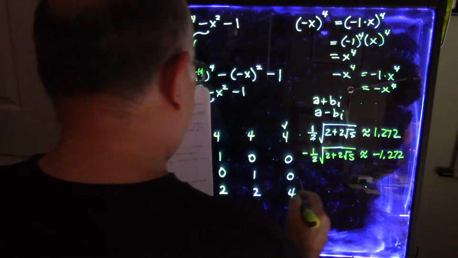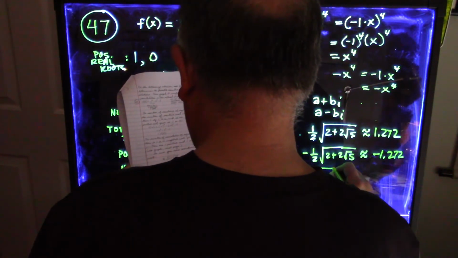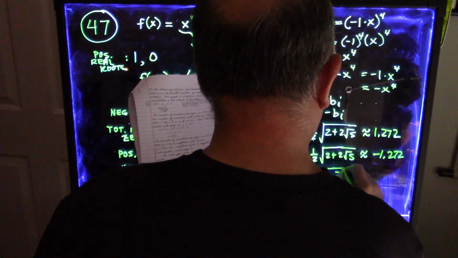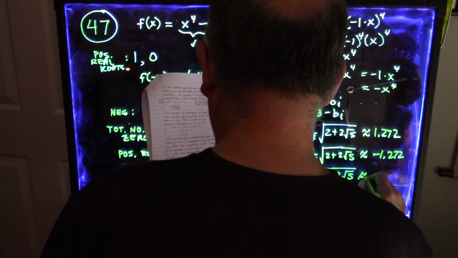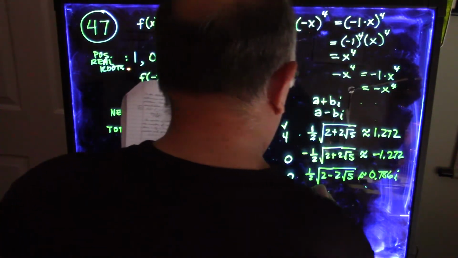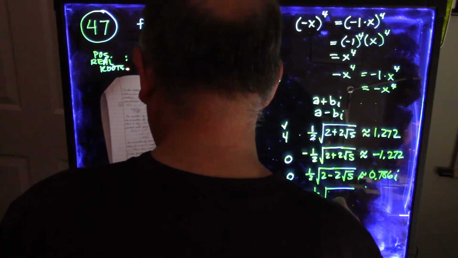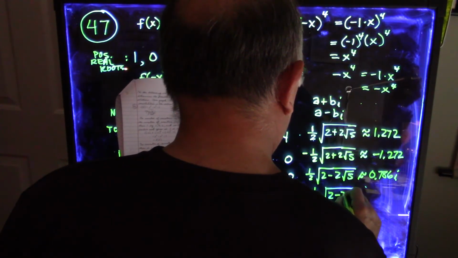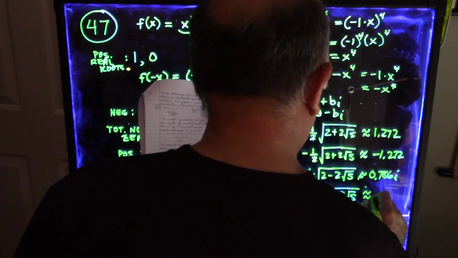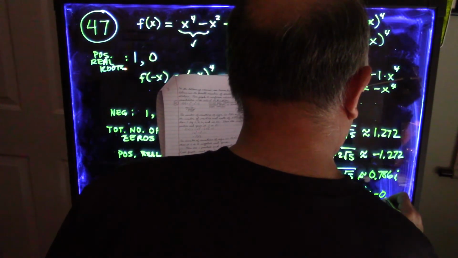And there are 2 non-real roots. 1/2 times the square root of 2 minus 2 square root of 5, which is about 0.786i, and -1/2 times the square root of 2 minus 2 square root of 5, square roots within square roots, which is about negative 0.786i.